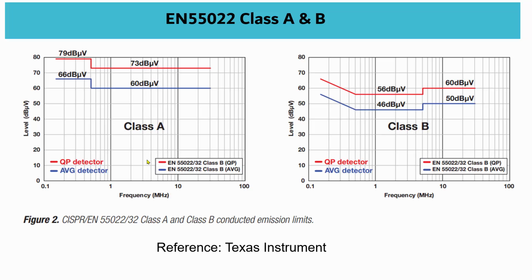It has different bands from 30 kilohertz up to 30 megahertz, and we have to comply with this type of spec. We have the peak, and we also have the average waveform. Class B is a different level. It's a lot lower compared to class A.